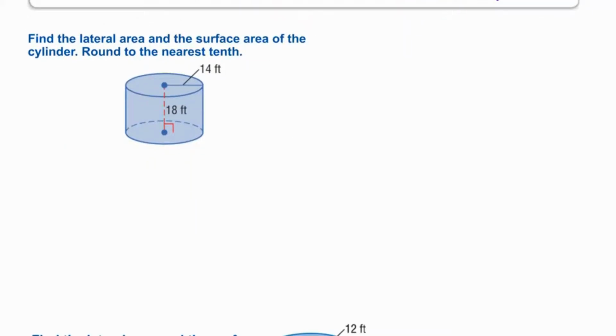We want to find the lateral area and the surface area of the cylinder and round to the nearest tenth. Looking at the lateral area, the radius would be 14, and the height of the cylinder is 18.